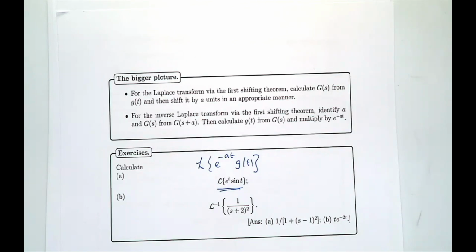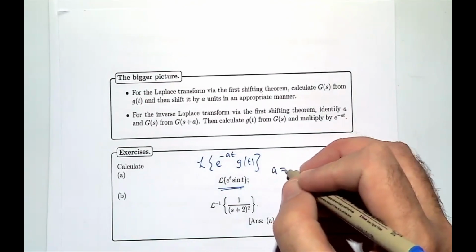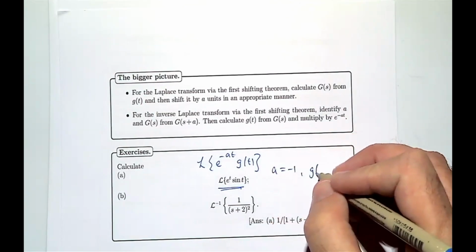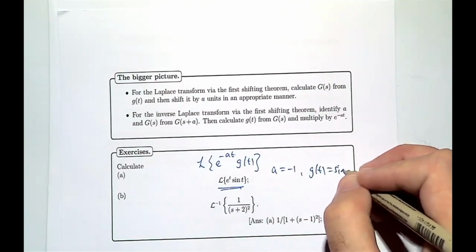A is minus 1, g is sine t. Yeah, perfecto. That's a pretty good starting point. So to fit that with our function, we can say, let a equal negative 1 and little g of t equals sine t.